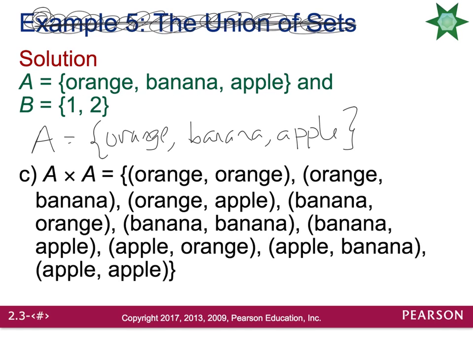So we start with orange, orange, orange banana, orange apple. That's how we get the first 3. And then we go banana, orange, banana, banana, banana, apple. And then finally apple, orange, apple, banana, apple, apple. So we can cross a set with itself. And here we get 9 different ordered pairs: 1, 2, 3, 4, 5, 6, 7, 8, 9.